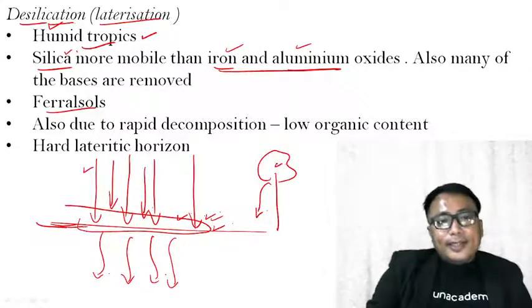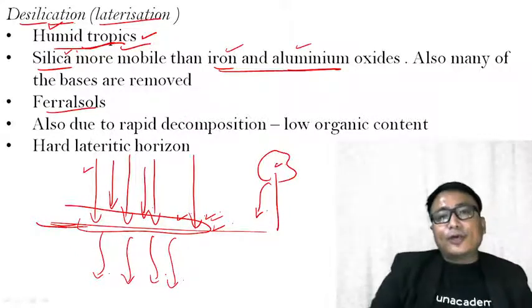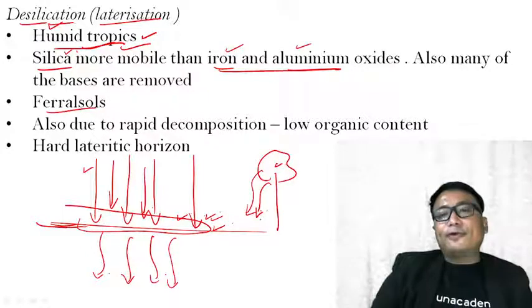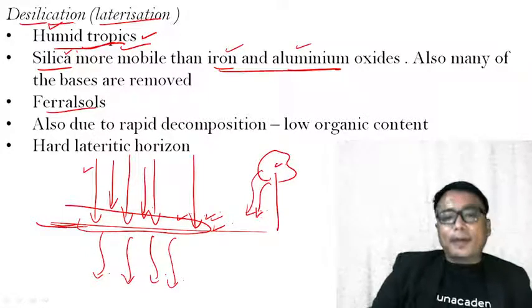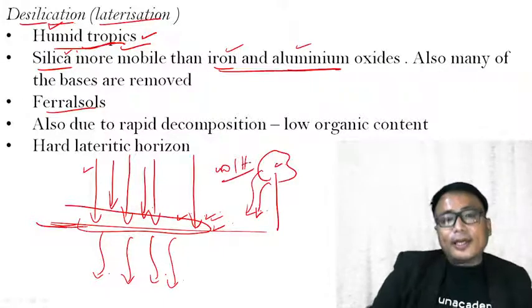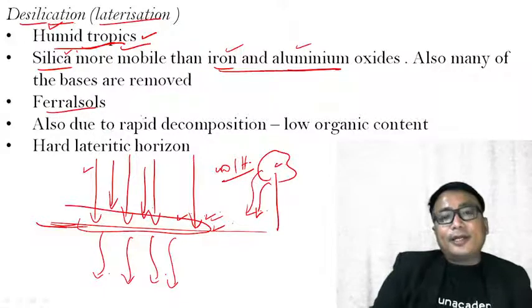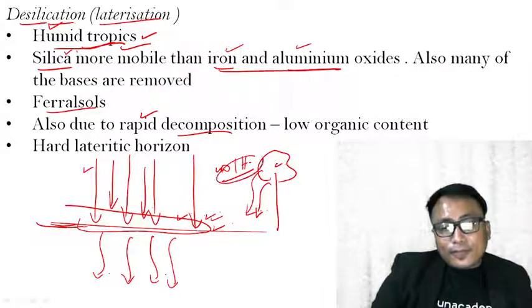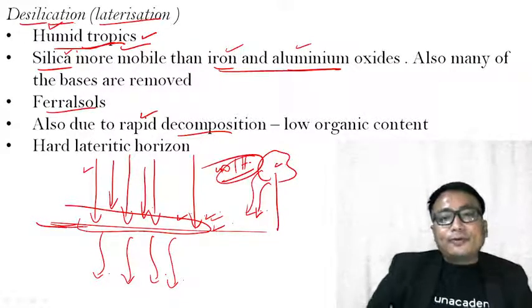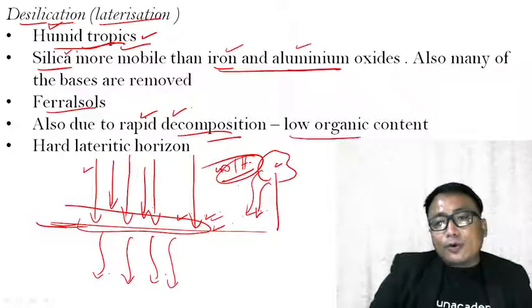Therefore, in this region, that is hot tropics or humid tropics, vegetation is sufficient, the supply of organic matter from the leaf or plant remains is there, but since it is a very warm and humid condition, chemical reaction is also faster, resulting in rapid decomposition of this organic matter. Because of rapid decomposition, the final result is low organic content.